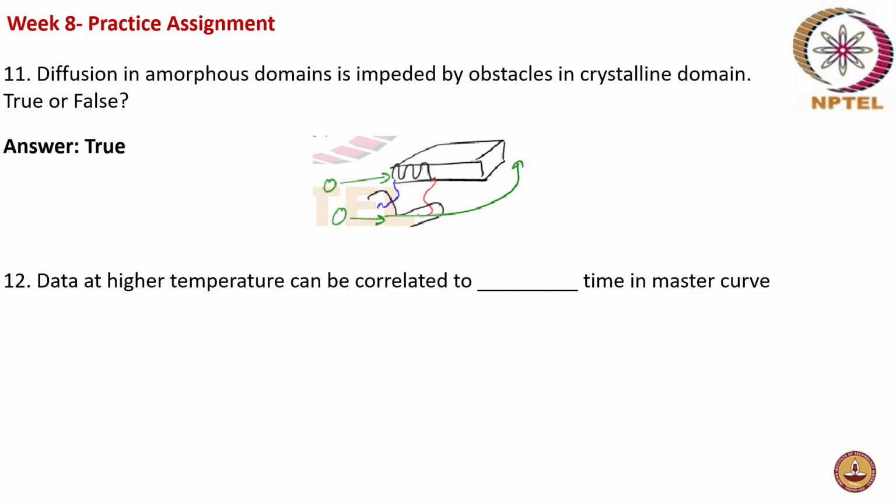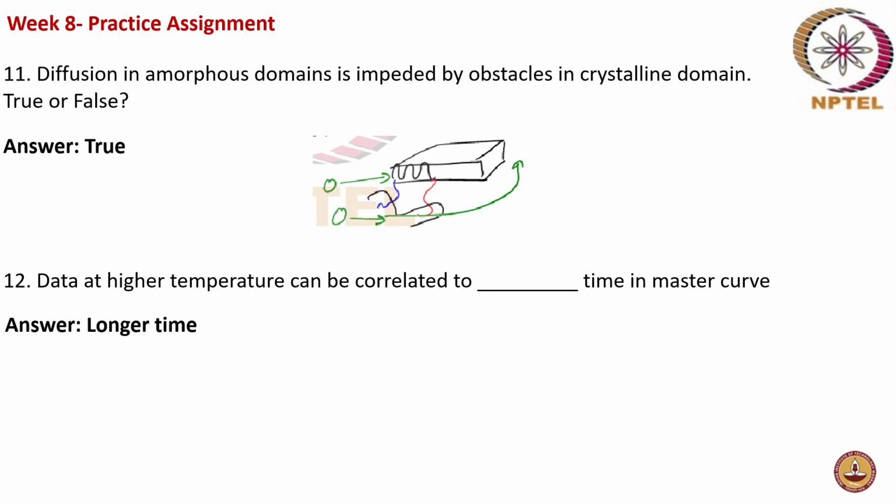Higher temperature can be correlated to, for example, years and days, or is it correlated to seconds, picoseconds? The behavior at high temperature. Don't know, ma'am. Okay, it is actually that higher temperature is correlated to a longer time.